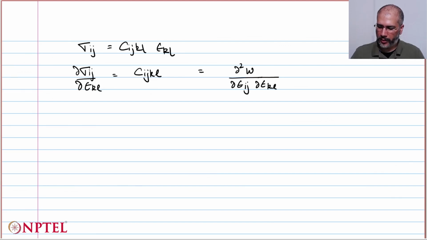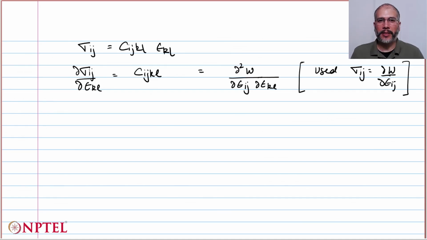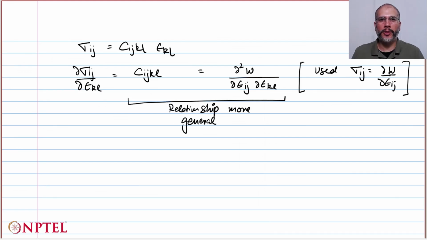So we have used the idea that sigma ij is del by del epsilon ij of the scalar potential W. Now, although I've written this relationship for a linear elastic material, this relationship is more general. So without showing that, we will be using this for non-linear elastic materials as well later.